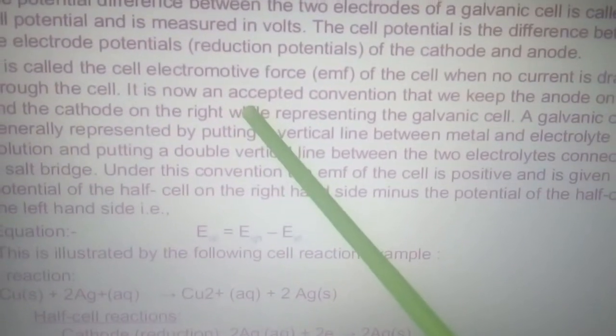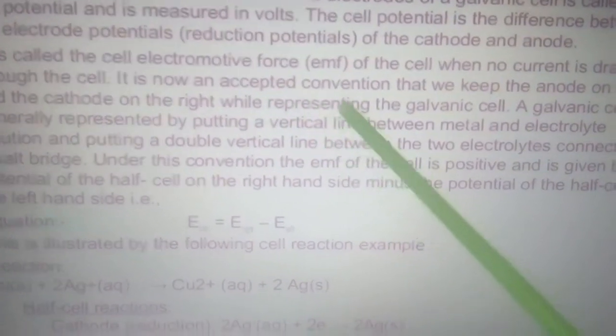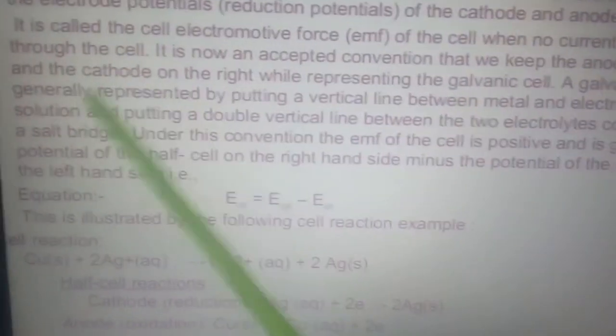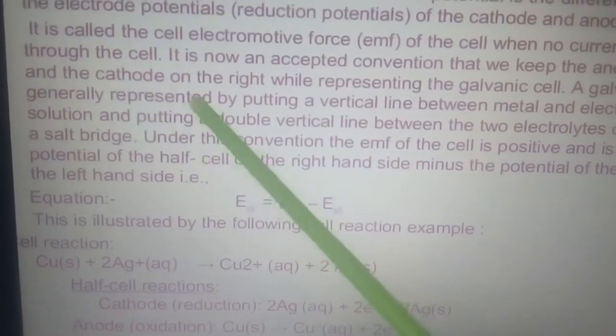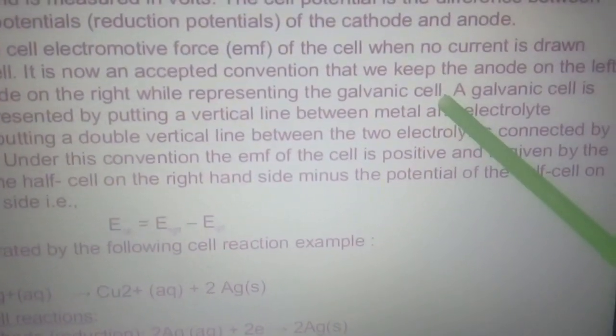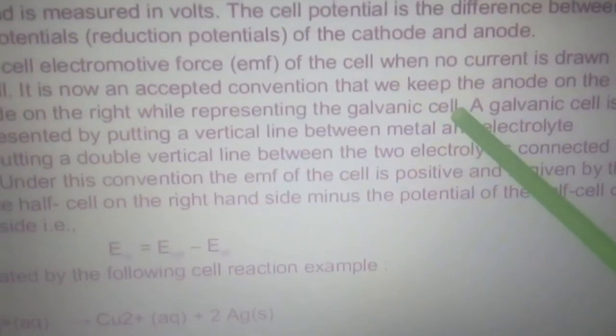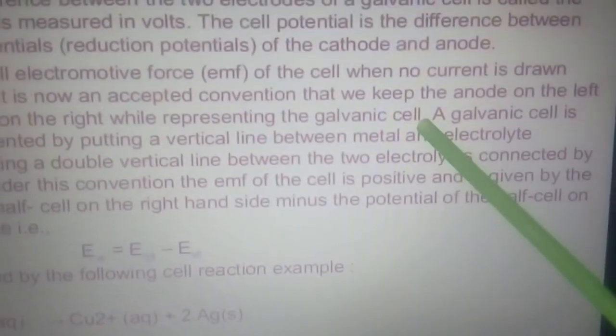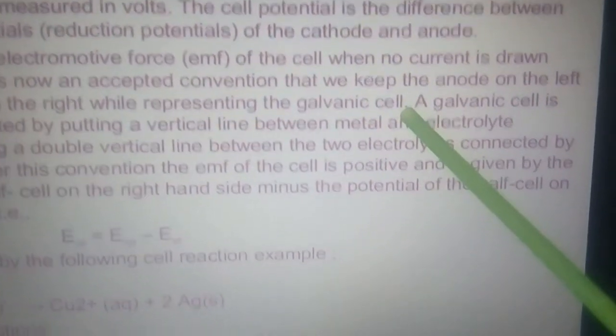It is an accepted convention that we always keep the anode on the left hand side and the cathode on the right while representing the galvanic cell, as we have already discussed.